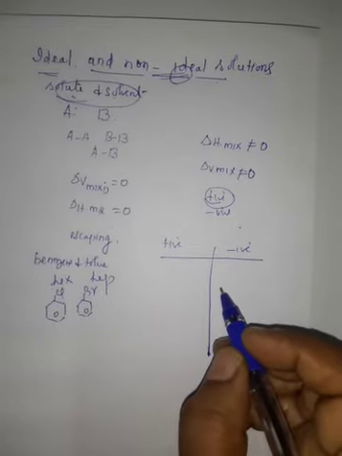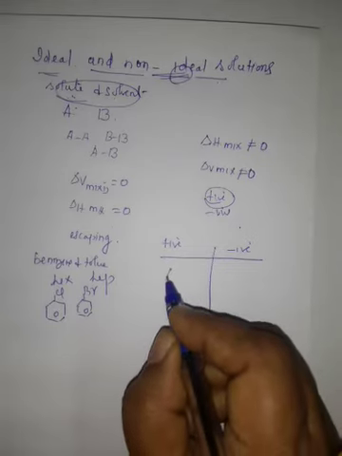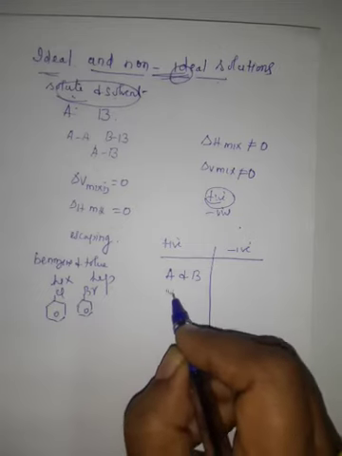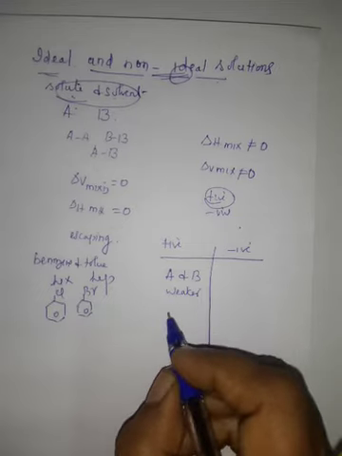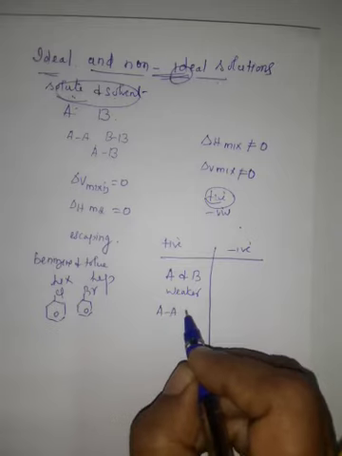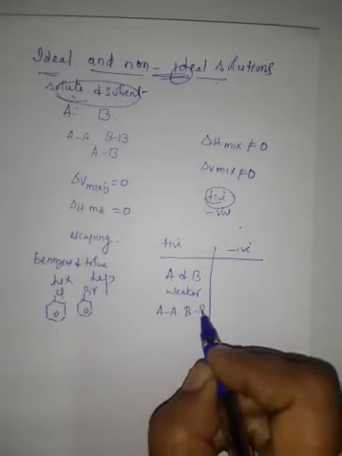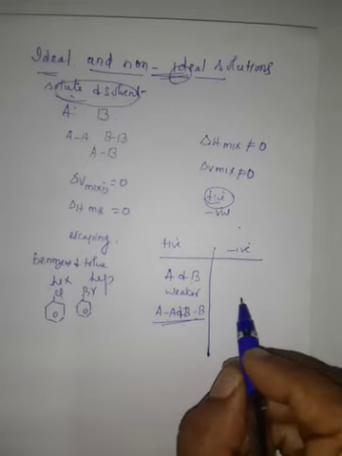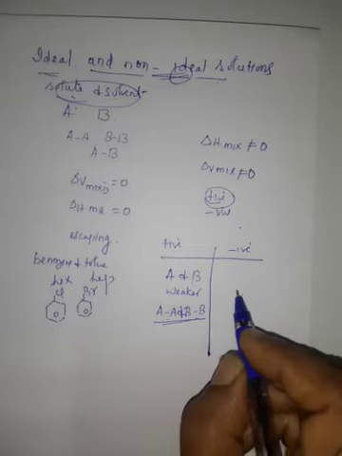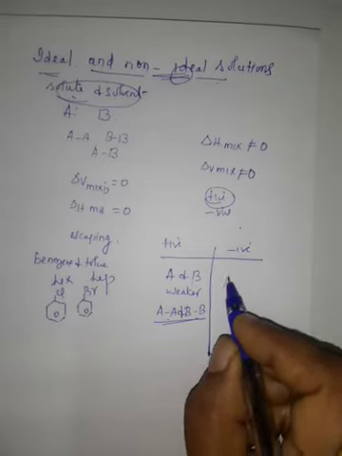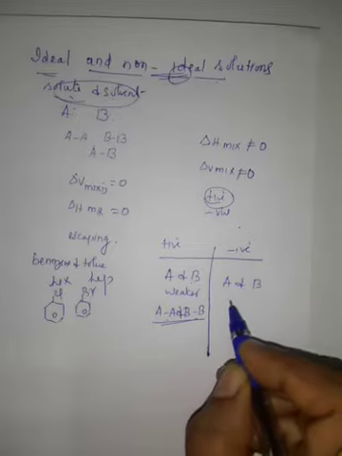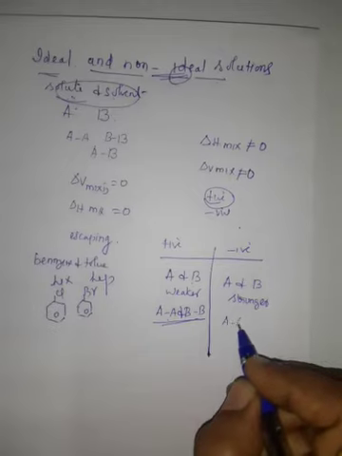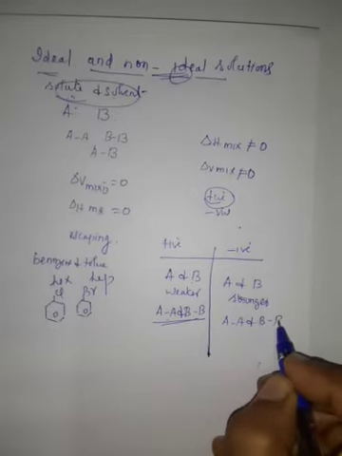In positive deviation, the intermolecular forces between solute A and solvent B are weaker than between A and A and B and B. It is weaker when compared to these. But in negative deviation, the intermolecular attractive forces between the solute A and solvent B are stronger when compared to A and A and B and B.